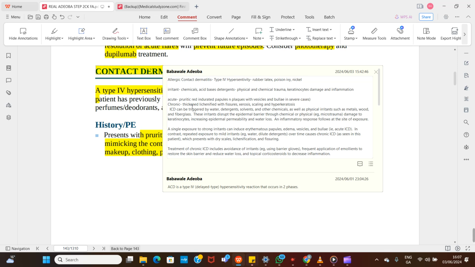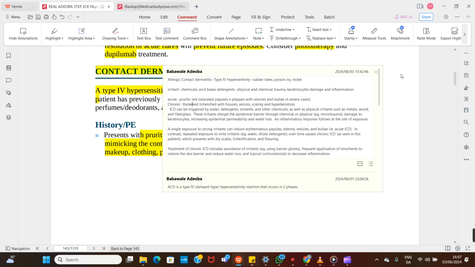So the skin markings here are going to be blurred, or totally absent, right? And you are going to be seeing fissures. You can see scaling, and of course, that area is going to be thick and dry.